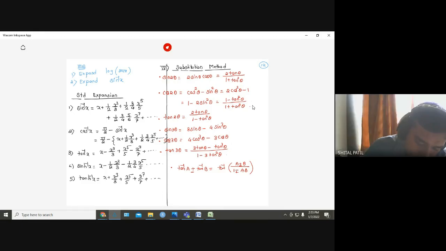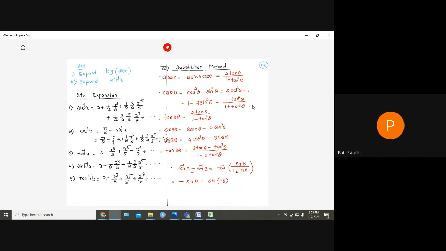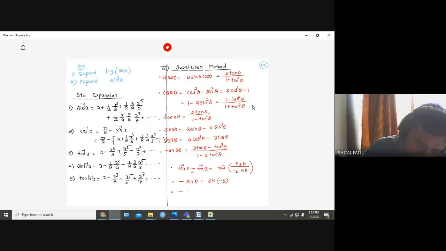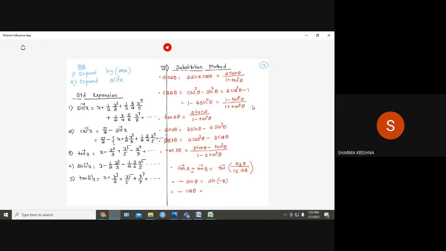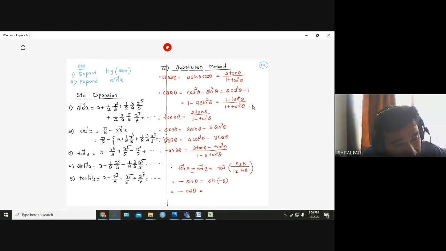Then I think you might know this: minus of sine theta, the other way around, is equal to sine of minus theta. But what about minus of cos theta? Cos of minus theta is cos theta.